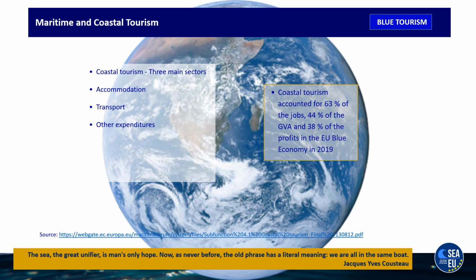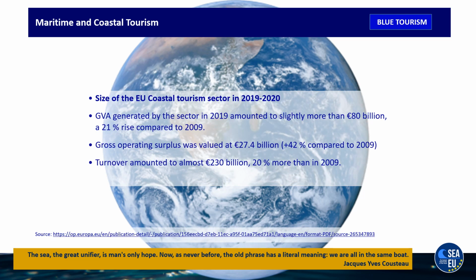63% of the jobs, 44% of the gross value added, and 38% of the profits in the EU blue economy in 2019. Gross value added generated by the sector in 2019 amounted to slightly more than 80 billion, a 21% rise compared to 2009.